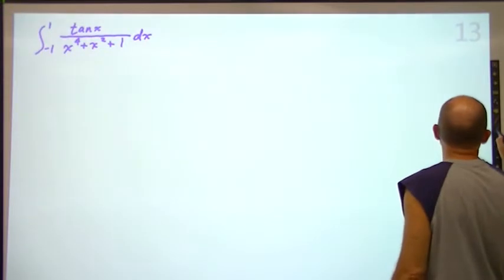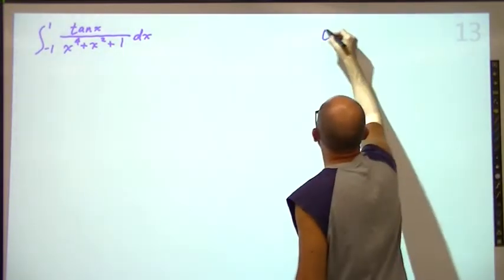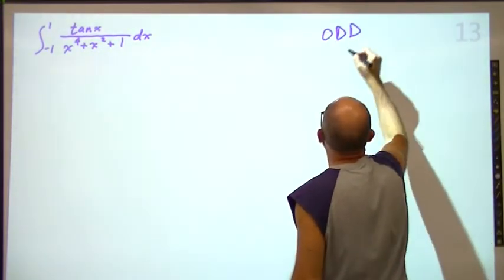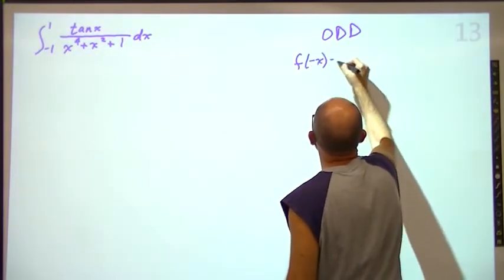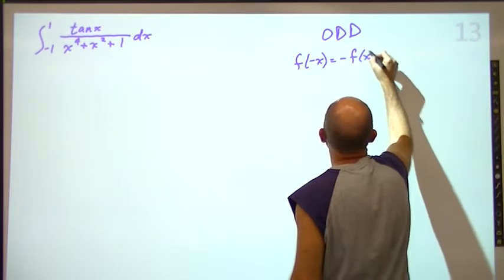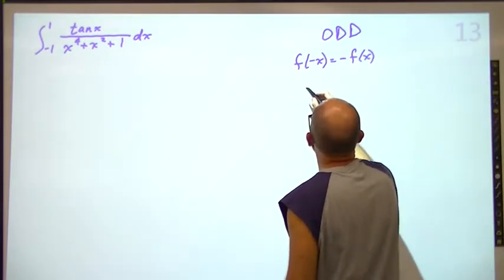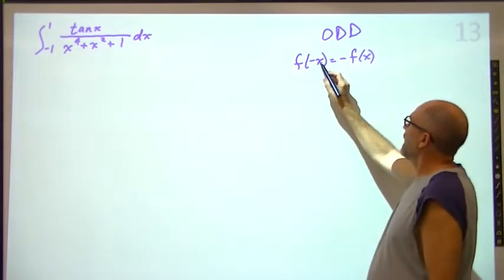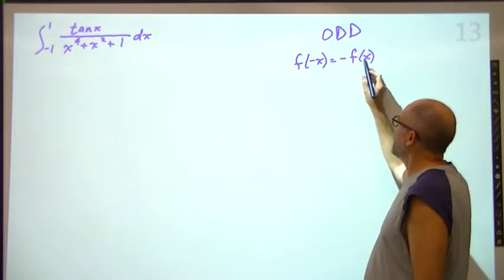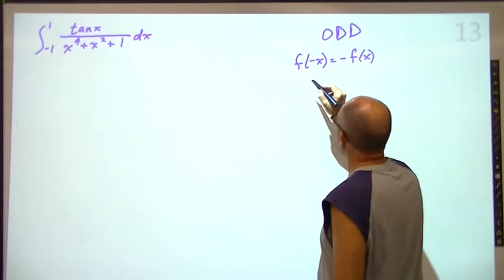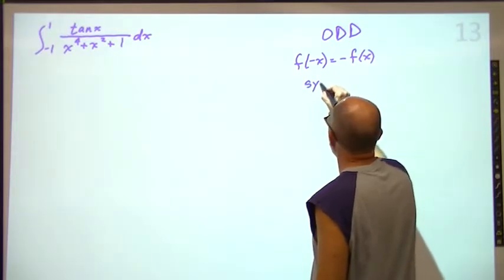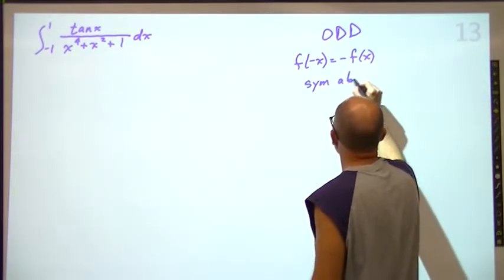Okay, if we have an odd function, which means f of negative x equals negative f of x, and what that means is if I put in a negative for x, I end up with the negative of the whole function. That makes it odd. In this case, it's symmetrical about the origin.